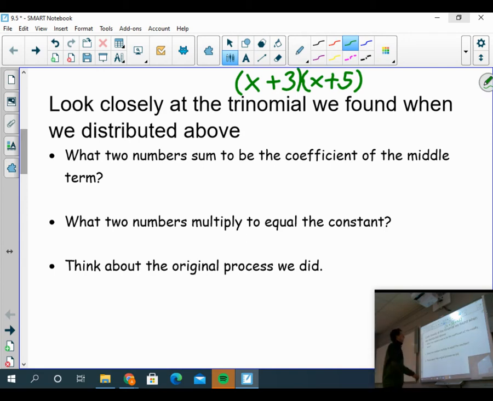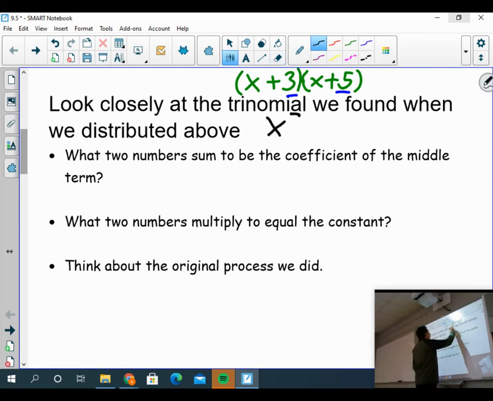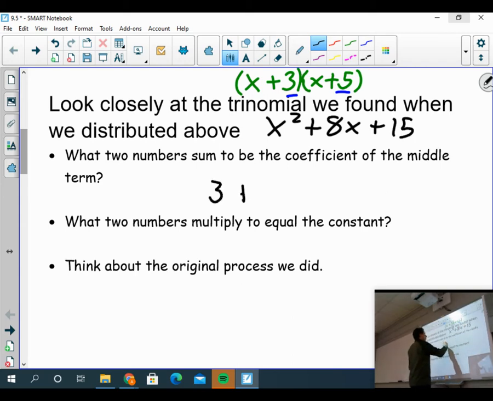The two numbers that sum to be the coefficient of the middle term were 3 and 5. Remember, we came up with the trinomial x squared plus 8x plus 15. And 3 plus 5 gave us 8, which is that coefficient of the middle term. The two numbers that multiplied to give you the constant, 3 times 5.